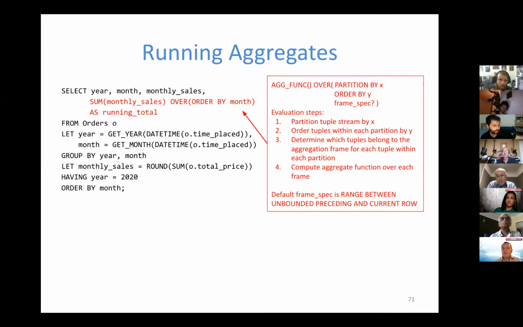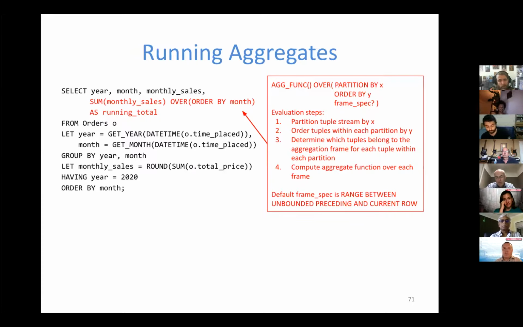The first 2 steps remain the same. The input stream is logically partitioned, and tuples are ordered within their partition. Each partition is processed independently of the others. I just wanted to note that AsterixDB is able to process those partitions in parallel, because it's a parallel database, if the system has enough resources.